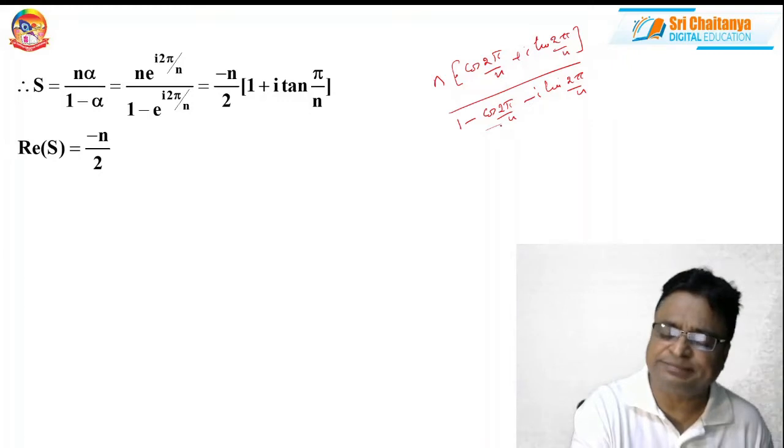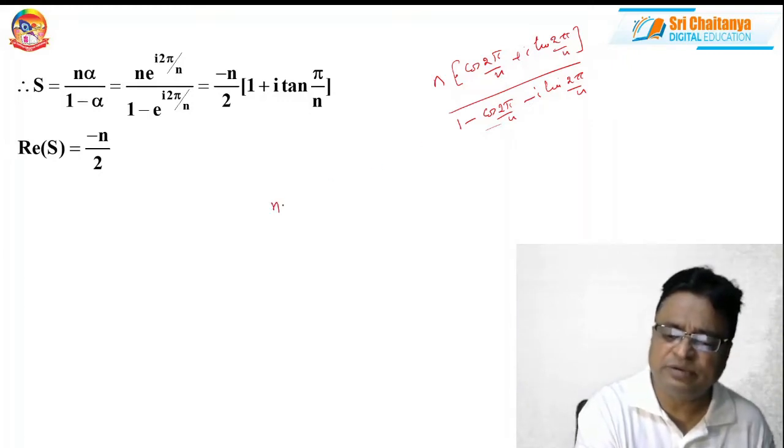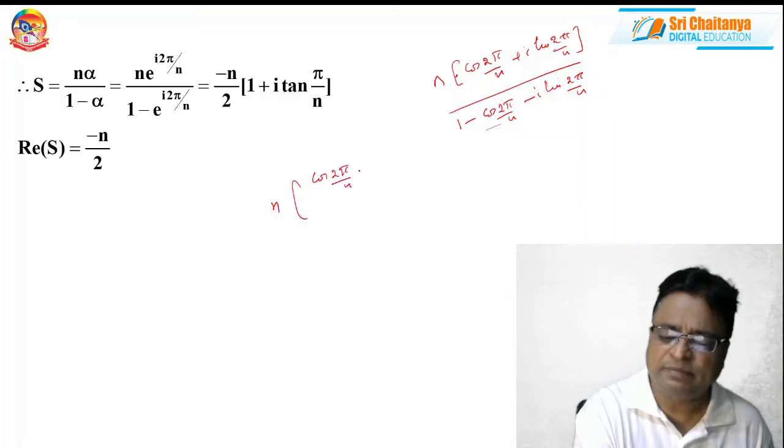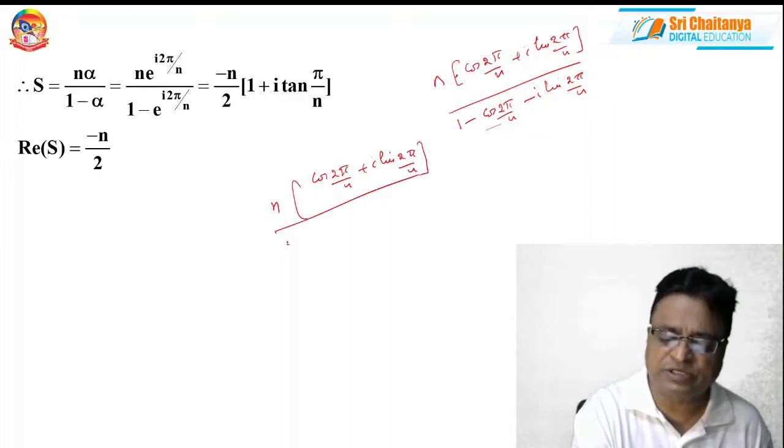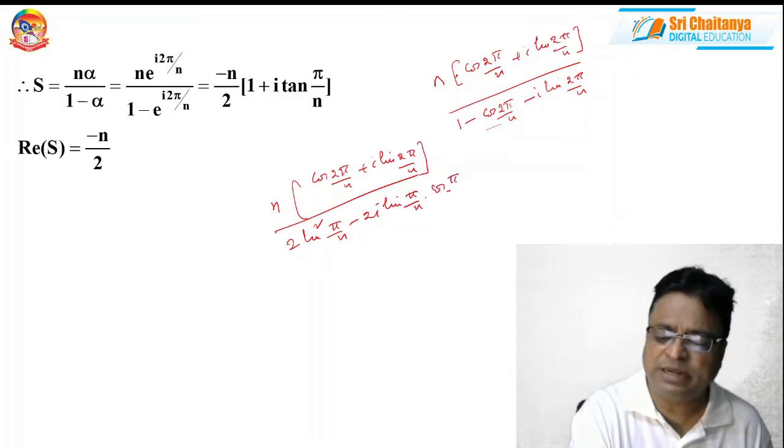This I can again write as n into cos 2 pi by n plus i sin 2 pi by n, by 1 minus cos theta, which is 2 sin square theta by 2, that is pi by n, minus 2i sin pi by n cos pi by n.